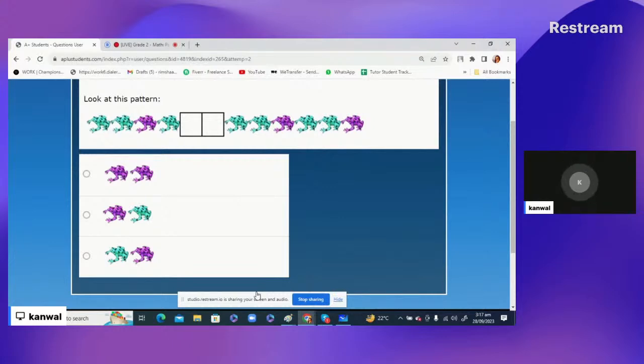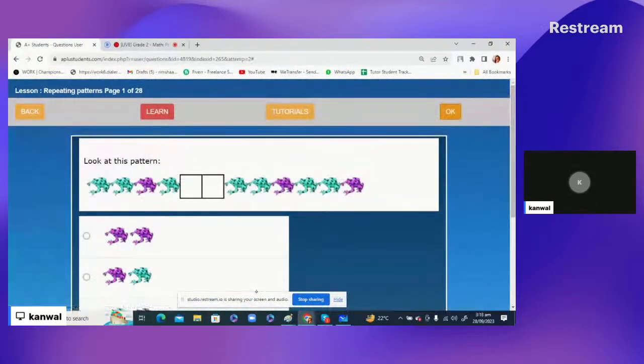So what's the option? Option A, B, or C? Which option am I going to click? Option C, because here two are same and then it's purple.